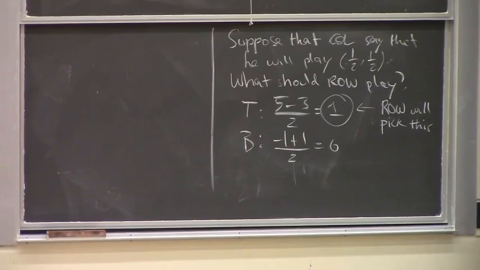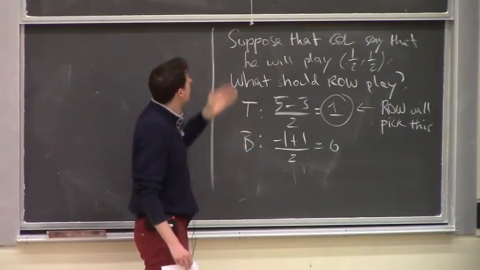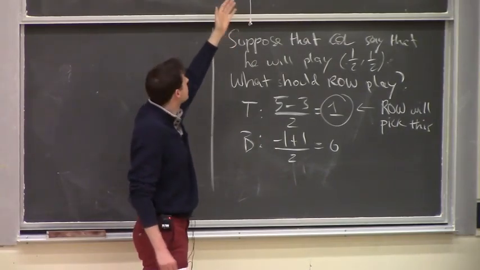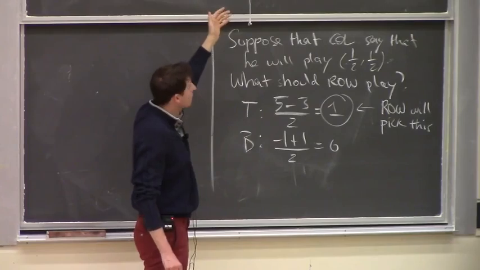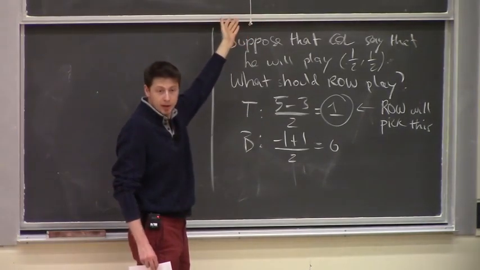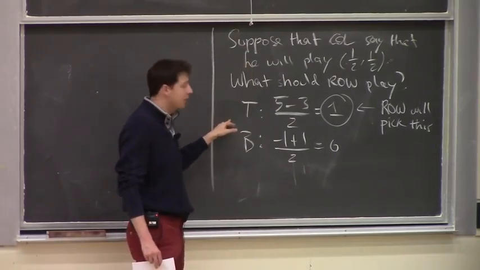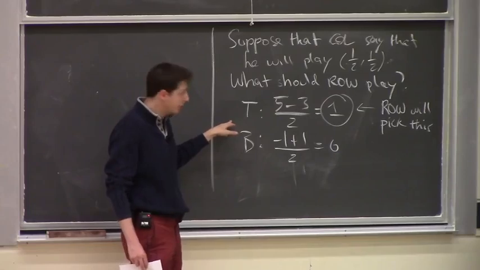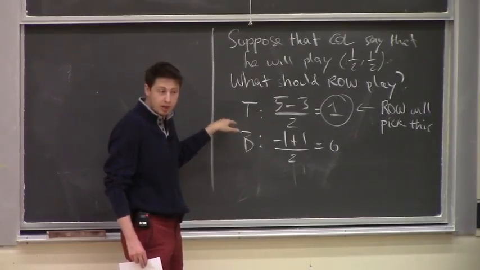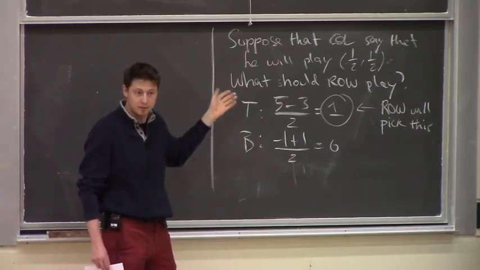Whereas here, because these two values are not the same, I say, well, I don't know. Maybe there is some other strategy for the row player that, regardless of what the column player chooses, gives higher than minus 1. And similarly, it could be that there is some strategy for the column player that, regardless of what the row player does, will be smaller than 1. If this is the case for either player, it would be better to play those strategies.